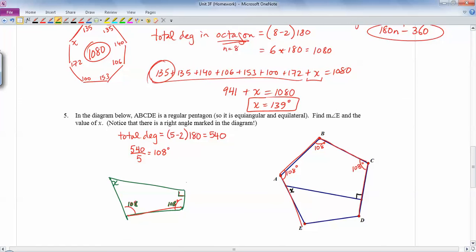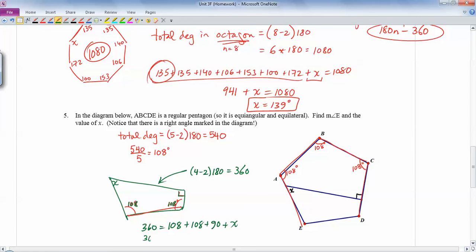Okay. Well, this shape at the bottom has 4 sides. So the total degrees for this shape is going to be 4 minus 2 times 180, which is 2 times 180, 360. And you might just know a quadrilateral has 360 degrees in it. Well, I've got 108, 108, 90, and x for those 4 angles. So 360 equals 108 plus 108 plus 90 plus x.